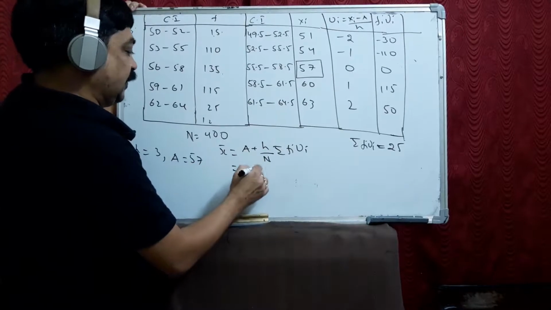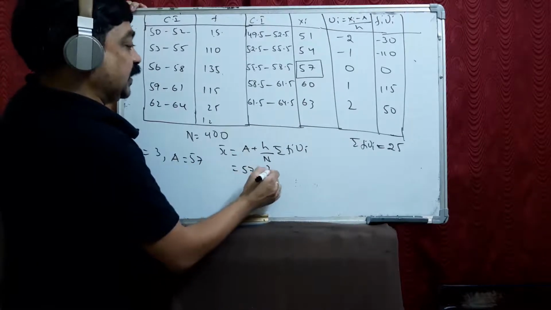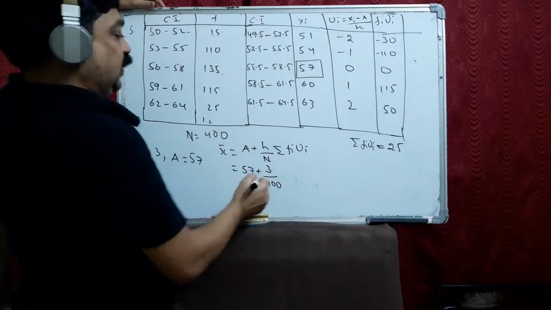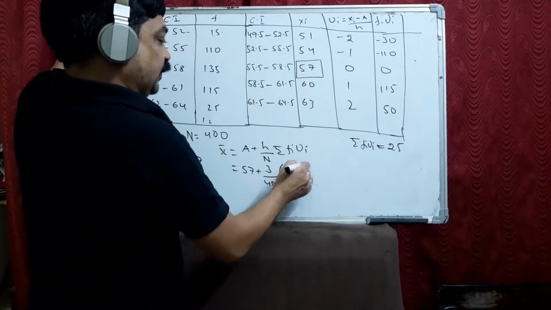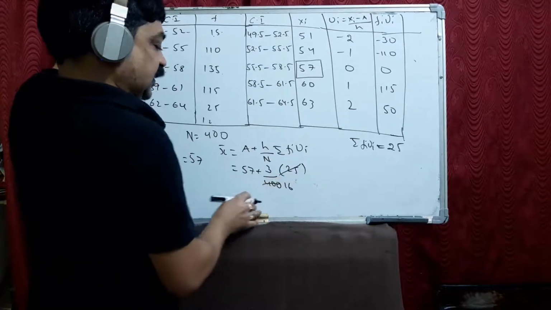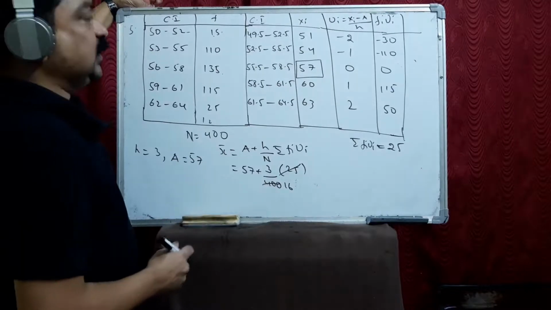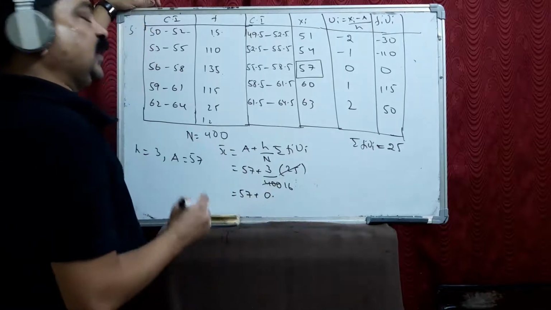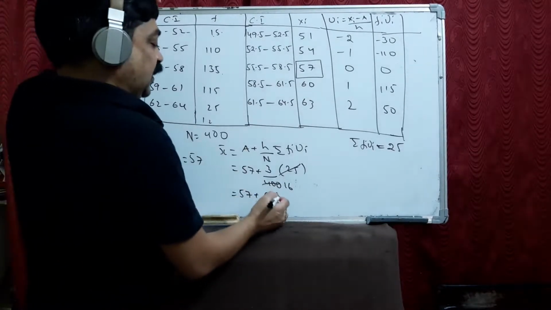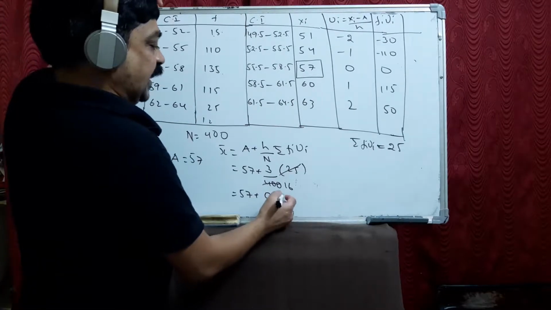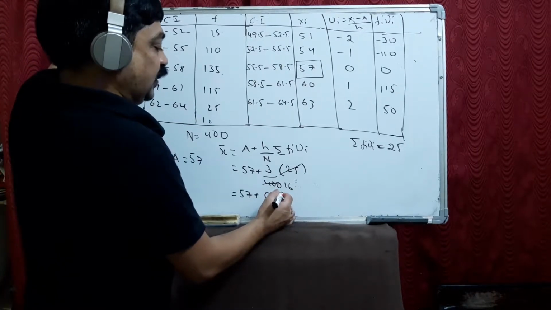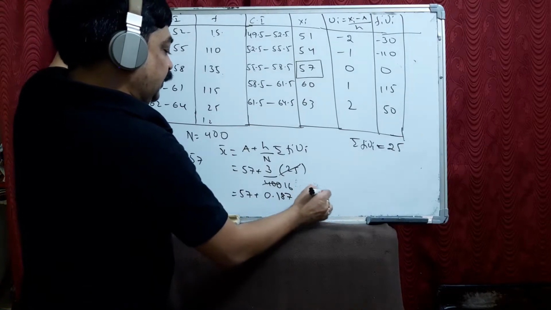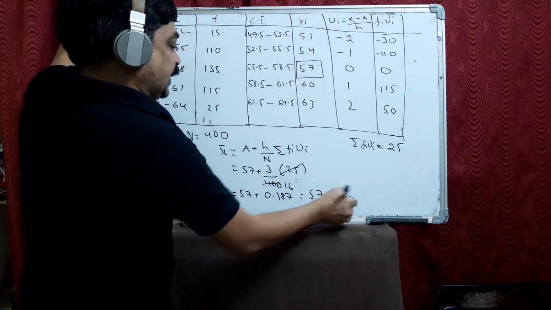A is 57, plus h, which is 3, by N, which is 400, into sigma fiui, which is 25. 25 into 16 gives 400. So 3 by 16 is 0.1875, and the mean becomes 57 plus 0.1875. The answer is 57.187.